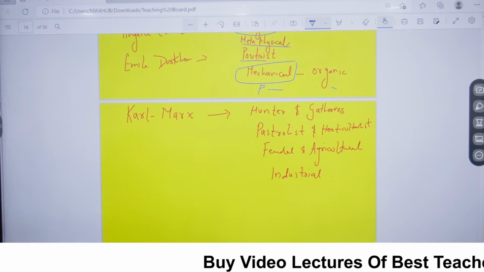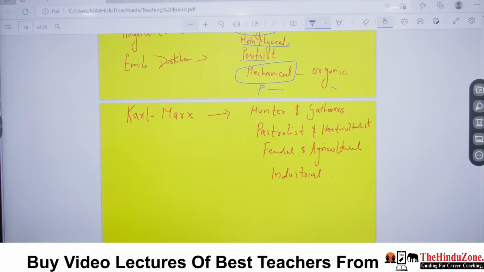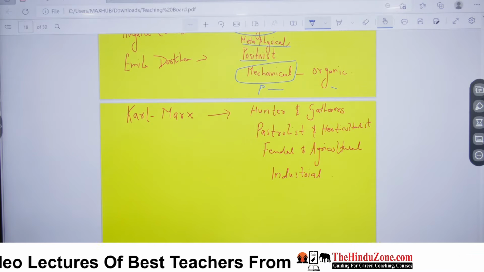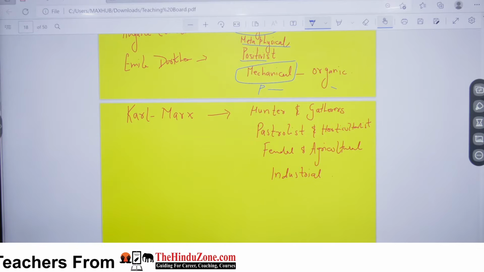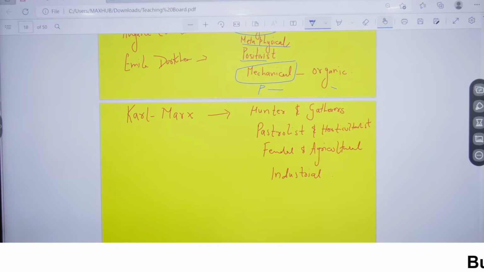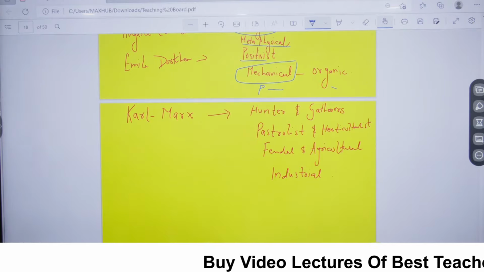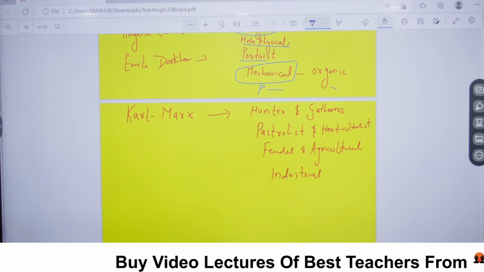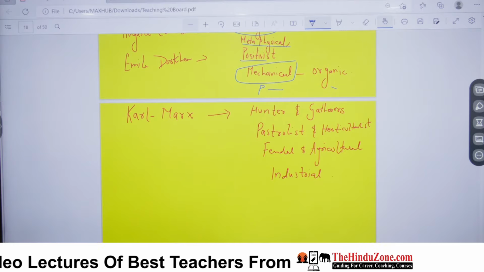All right, now the statistical method. The statistical method in social science research is another important method for collection of data.